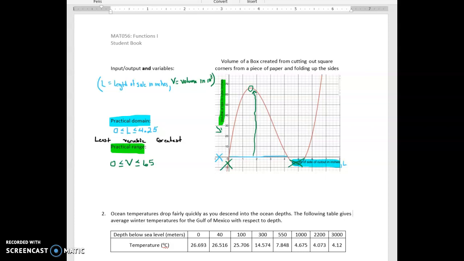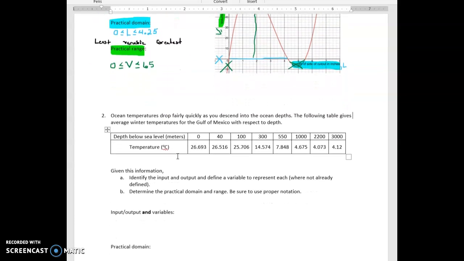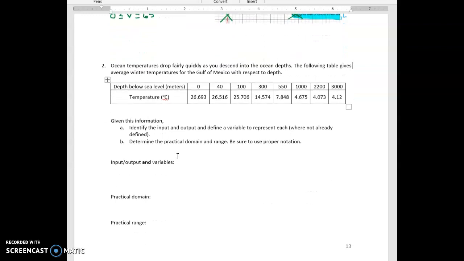All right, so let's also look at the table here in question number 2. The ocean temperature drops fairly quickly as you descend into the ocean depths. The following table gives average winter temperatures for the Gulf of Mexico with respect to depth.